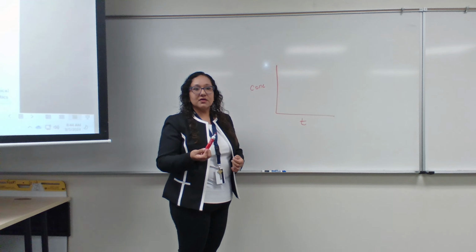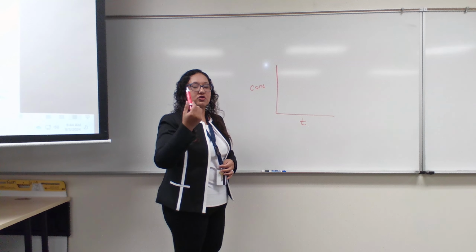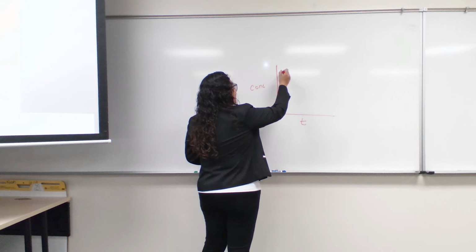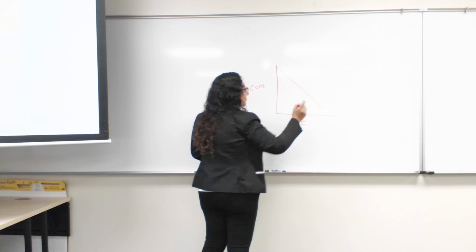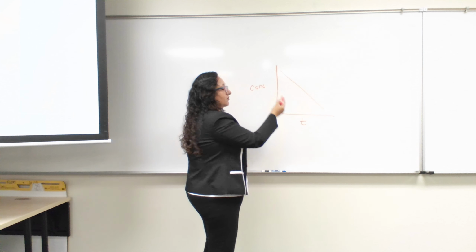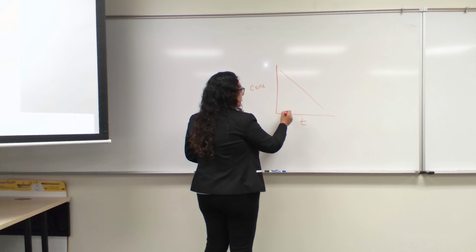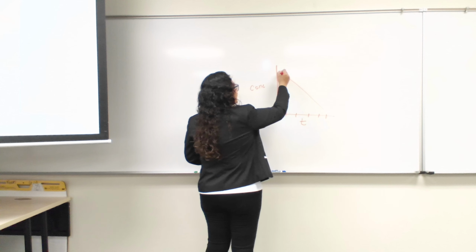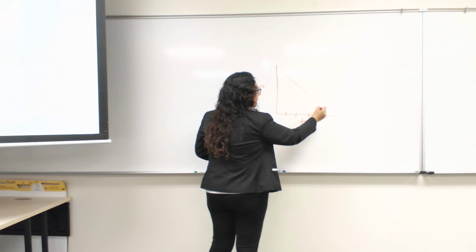Not all concentrations, as we saw in that experimental data, drop exponentially. That means if I'm here, as time progresses, I don't mean exponentially, I'm sorry, in a linear fashion. That doesn't mean that as time progresses in these intervals, the concentration is going to be proportionate.